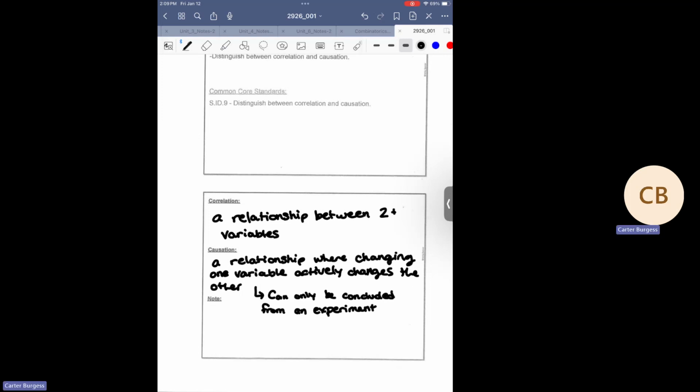And all I mean by experiment is this is a setting in which we are artificially holding all of the other variables constant.